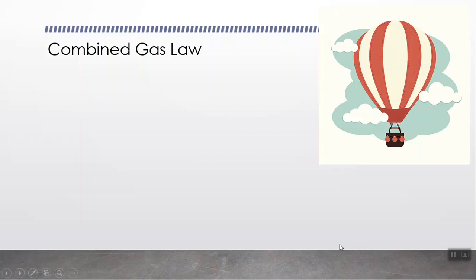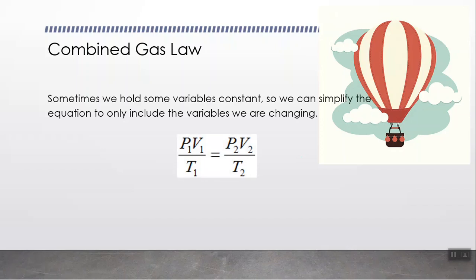Now sometimes we can keep one variable constant. Now this wouldn't realistically happen. Realistically, we would be looking at all 3 variables for any type of gas. But when we make one variable constant, we can look at the relationship between 2 variables.